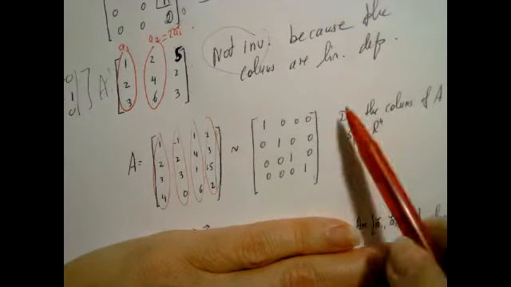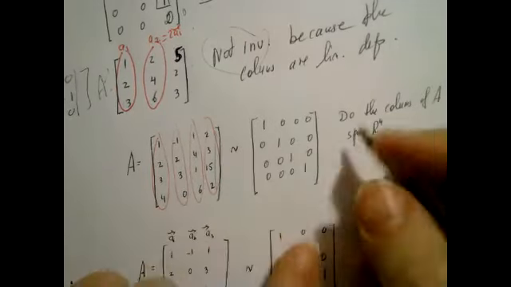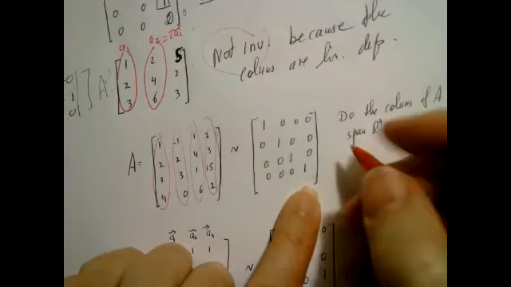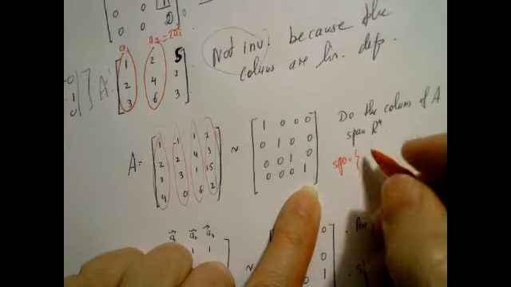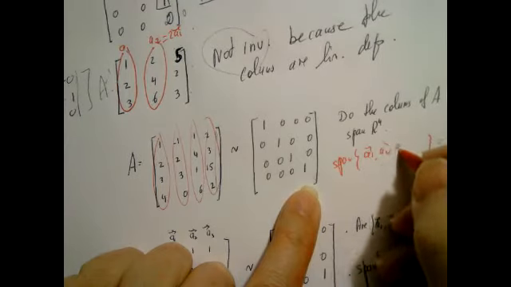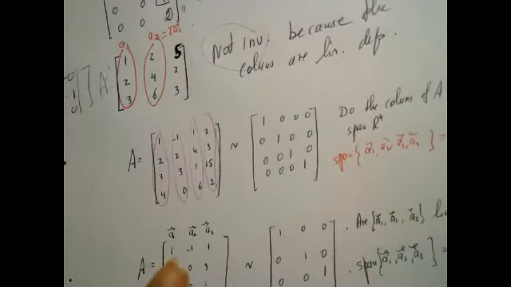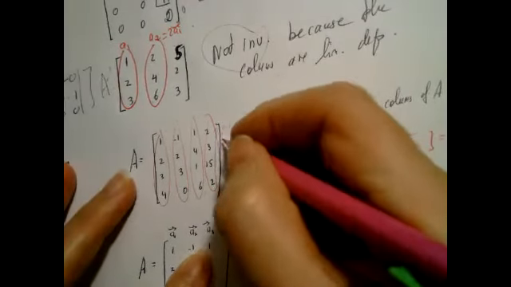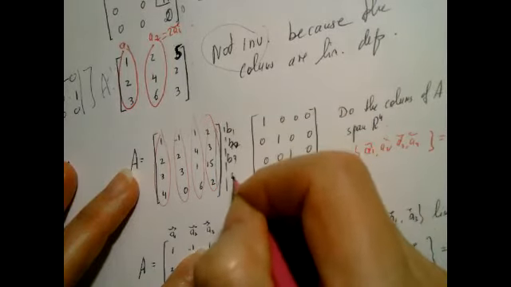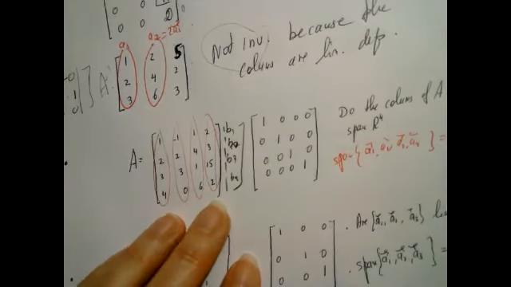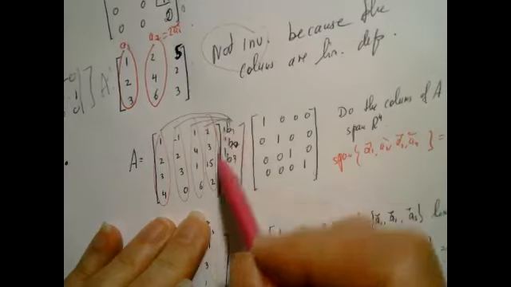My question to you is, do the columns of A span R4? It means, if I take all possible linear combinations, do I get everything in R4? Immediately, yes, because of the invertible matrix theorem. Or another reason: if I pick any vector B1, B2, B3, B4, can I find weights so that I get this?